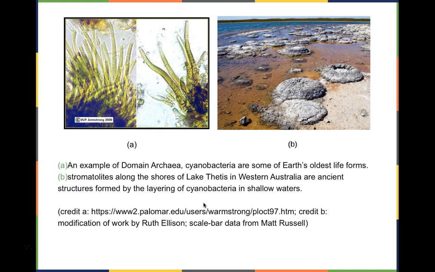Stromatolites are some of the oldest examples of organisms found on Earth. You can find stromatolites with the archaea and the cyanobacteria growing on the surface of these rocky structures in a variety of places all over the world, including Australia, Mexico, and even the Indian Ocean, places in those areas.